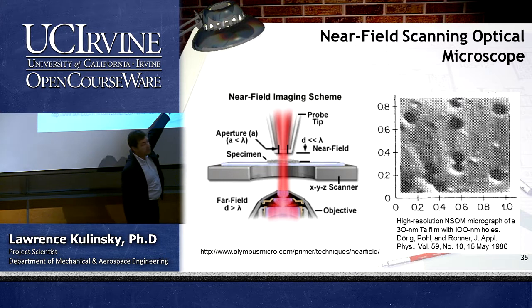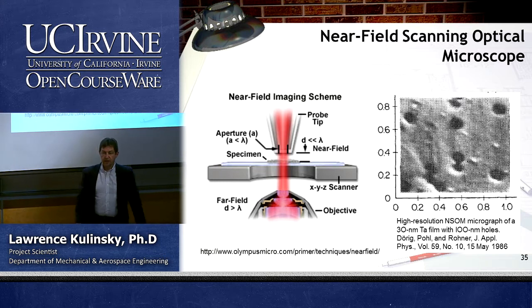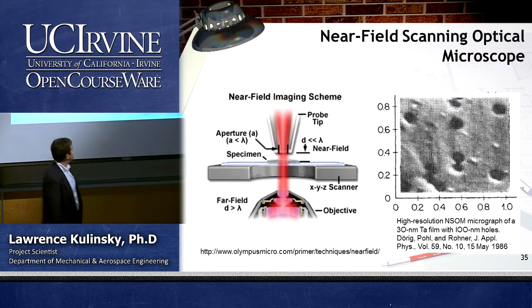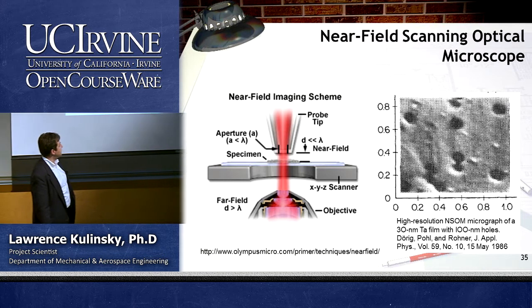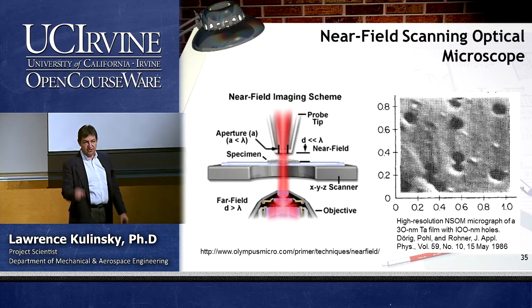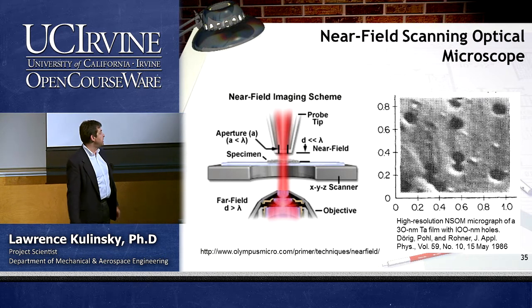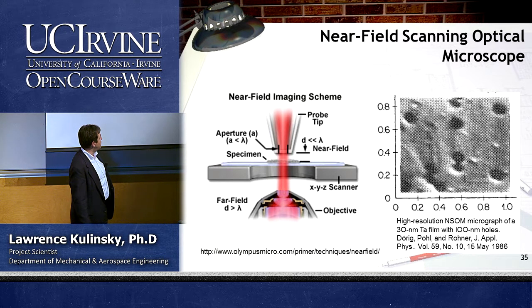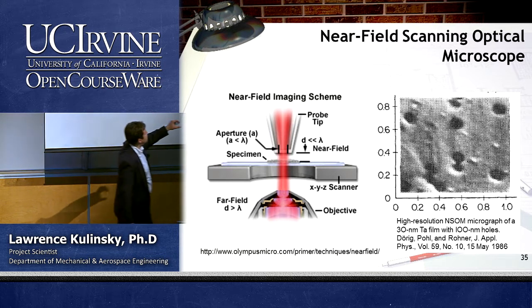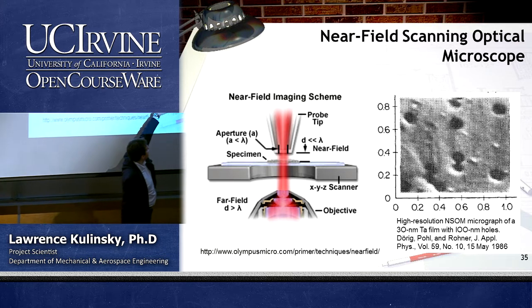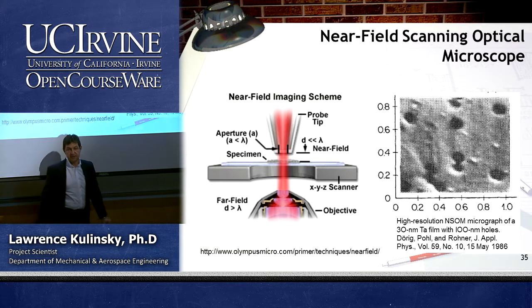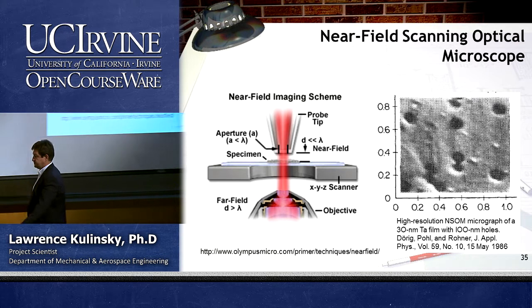And what you can see is high resolution near-field scanning optical microscopy. You can resolve features of 30 nanometers. So it's a 30 nanometer film, and the hole itself is 100 nanometers.